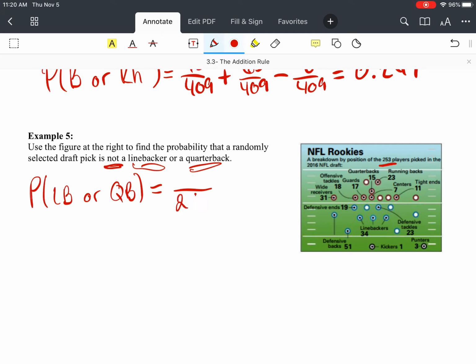There are a total of 253 players picked in the draft in 2016. So we have 253 on the bottom, right? And then we need to know how many of those are quarterbacks. Well, in this case, the number of quarterbacks right here are 15. Okay, plus what's the probability of picking a linebacker?